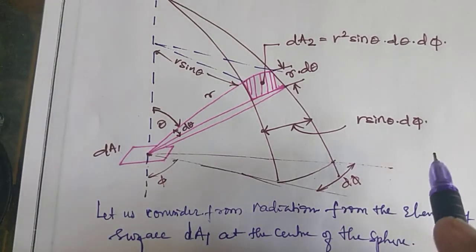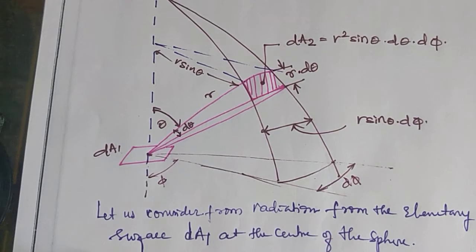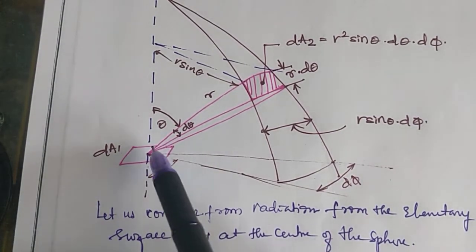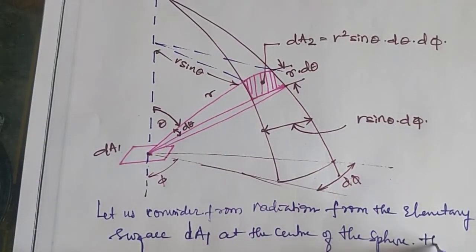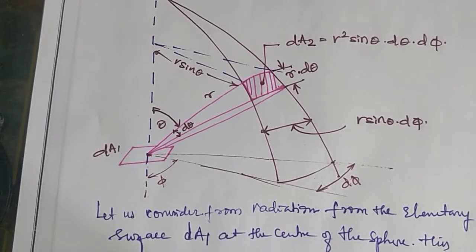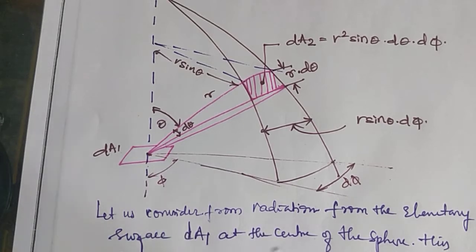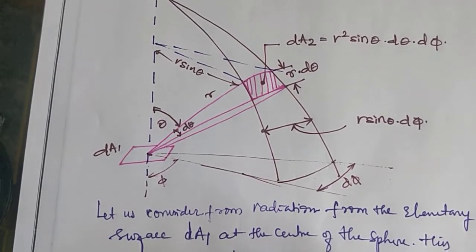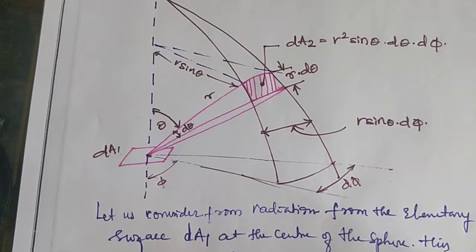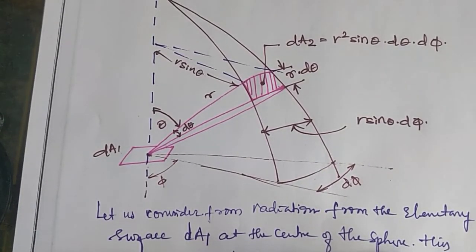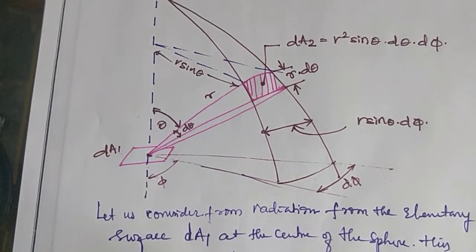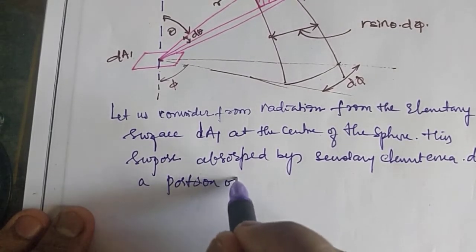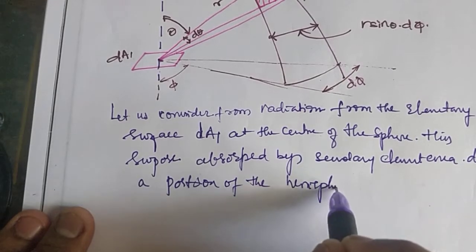And suppose this radiation is absorbed by some other elementary area, suppose this elementary area dA1, absorbed by a secondary elementary area dA2, a portion of the hemispherical surface.